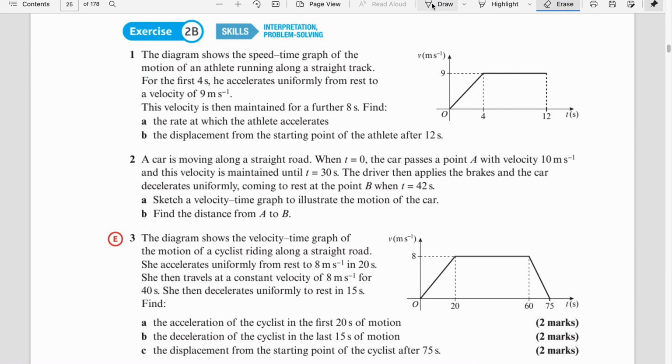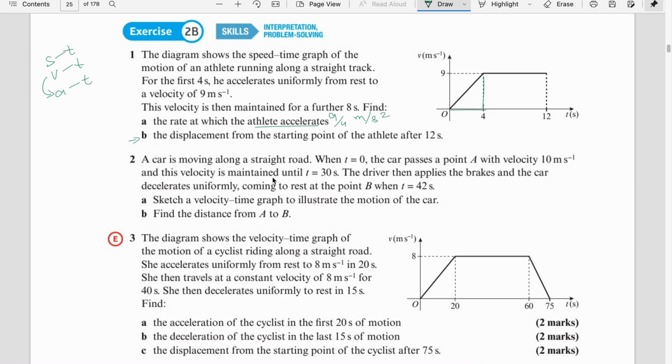Again, velocity time graph: displacement time, velocity time, acceleration time. From velocity to acceleration, that's a gradient. So the rate at which the athlete accelerates is this gradient, that is rise over run, 9 by 4. And the units are meters per second square. B part.